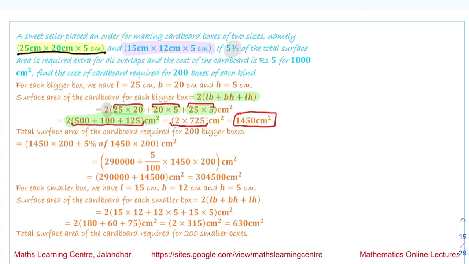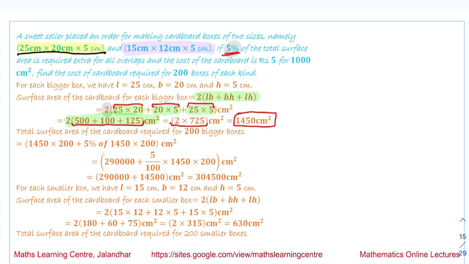So this is the surface area of the cardboard of each bigger box. Then the next thing we have is the total surface area of cardboard required for 200 bigger boxes. Now what is given to us is that for each box we require 5% more area of the box for the overlap purpose.